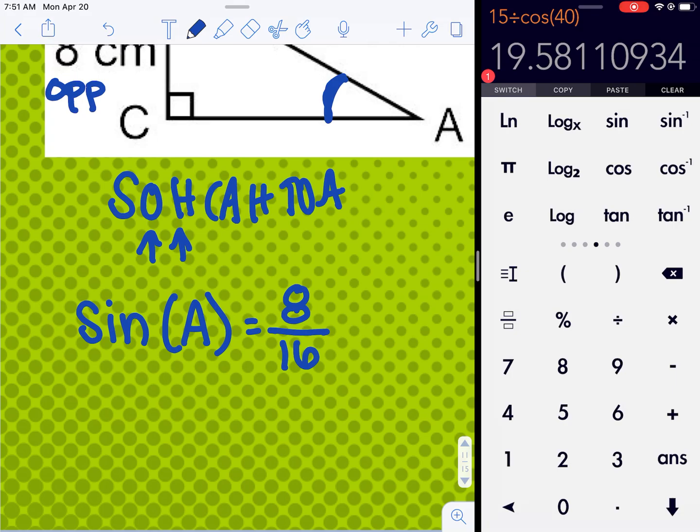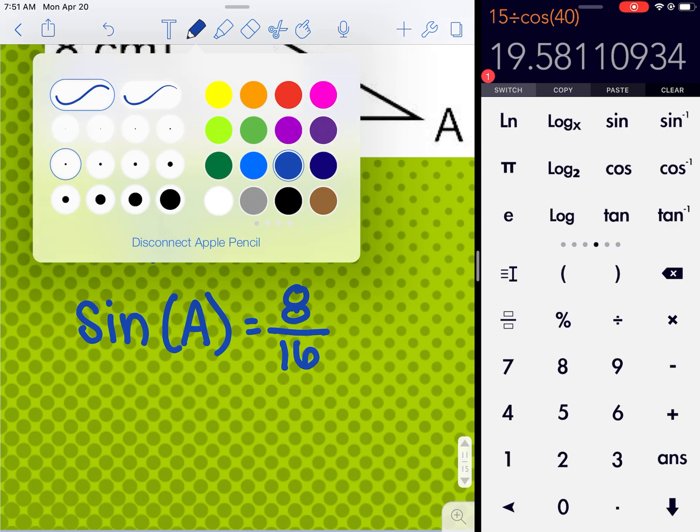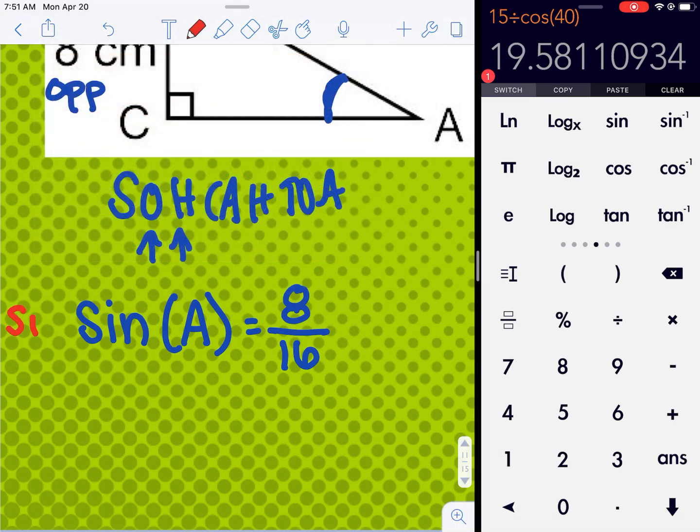Your science teacher, depending on who you have, might call it arc sine. Actually, I think most of our science department does. That's fine. Arc sine and inverse sine are the exact same thing. It's just, are you more old school traditional or are you like hip and trendy? I personally like to be hip and trendy, so I'll call it sine inverse, but if you call it arc sine, that's fine. I'll just know your science teacher beat me to it.